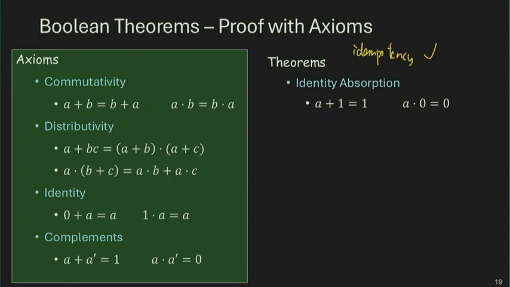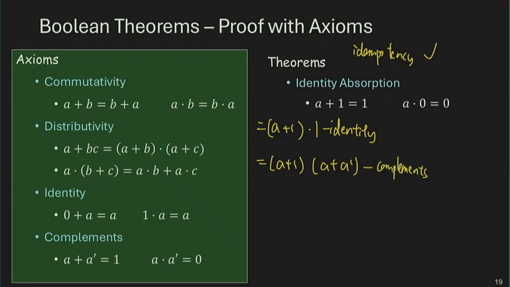Okay, if not, I'll show you this proof as well. So A plus 1 is equal to A plus 1 dot 1, by identity, which is the same as A plus 1. 1 can be replaced with A plus A prime by complements. And then I can apply distributivity to factor out the A variable, A plus 1 plus 1 dot A prime.